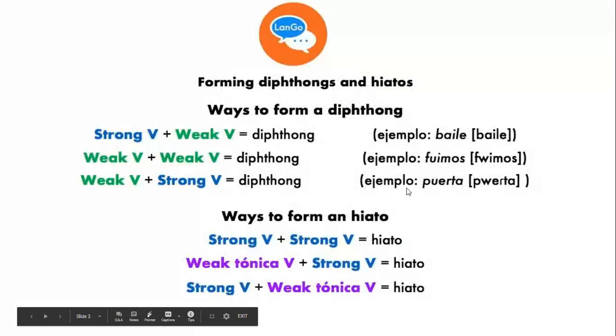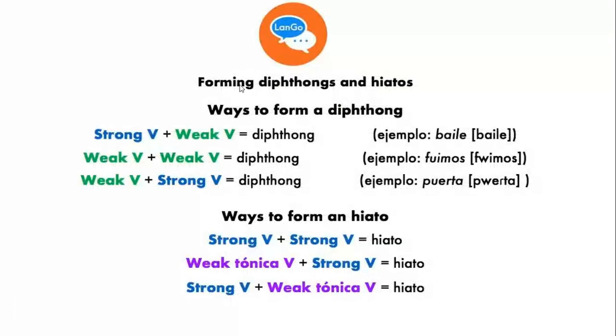And here's why that's important. When we put vowels together, sometimes they form what's called a diphthong. A diphthong is like a gliding sound. So, for example, we have a strong vowel that's A and a weak vowel that's I, and they can go together in a gliding sound.